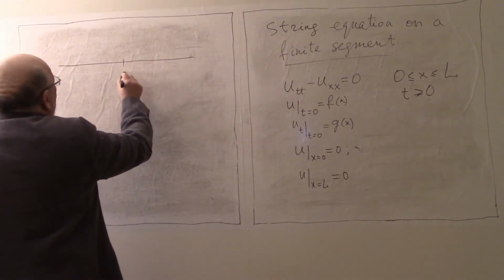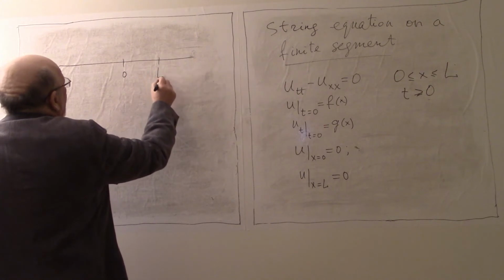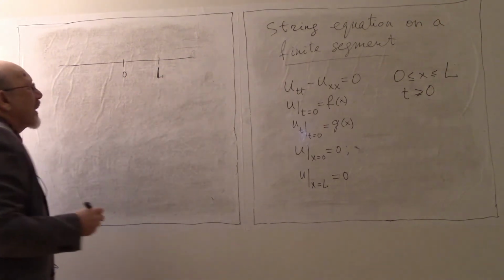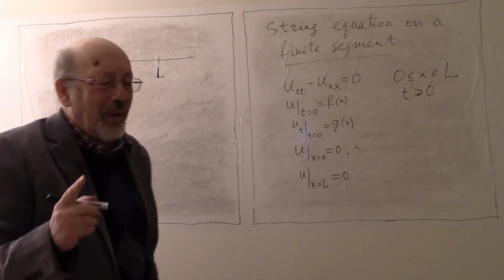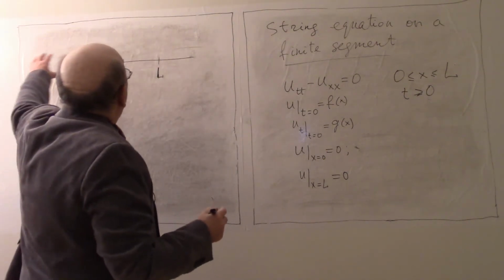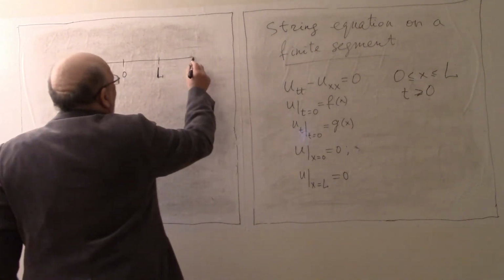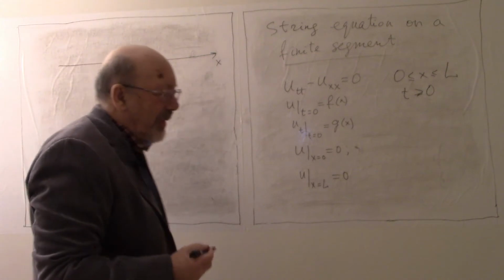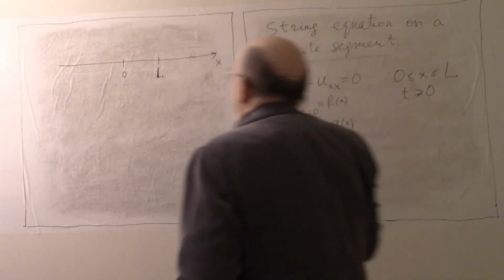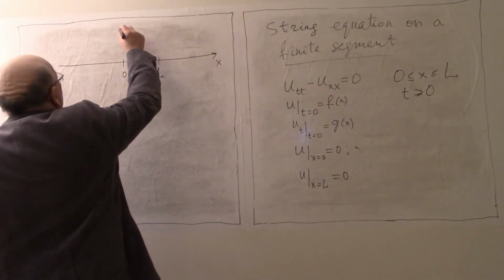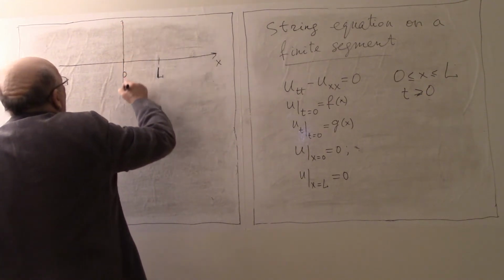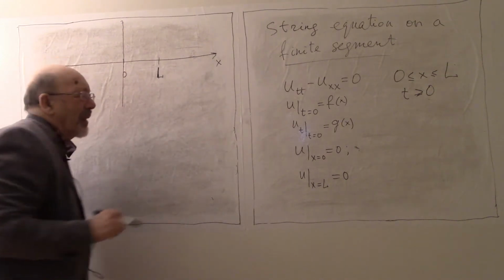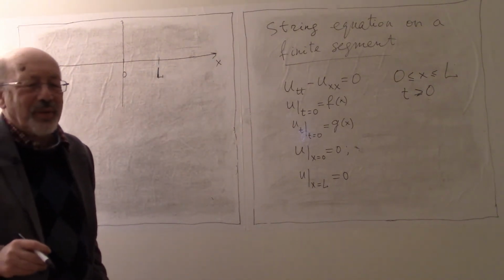So this is 0, this is L. Let us look for a solution on the whole x-axis, and for all positive t, such that this solution, if you flip it here at 0, then it changes sign.